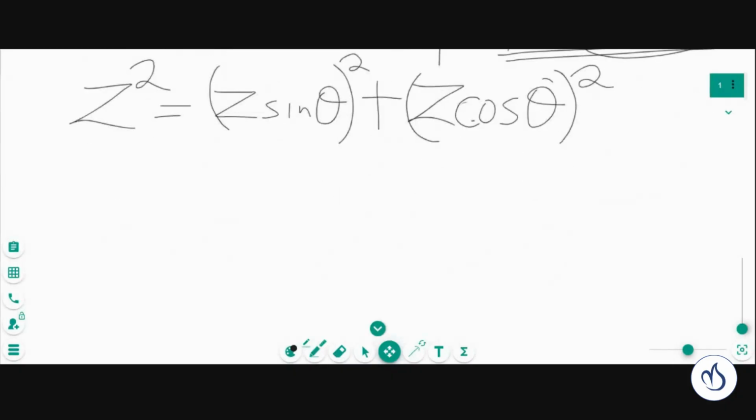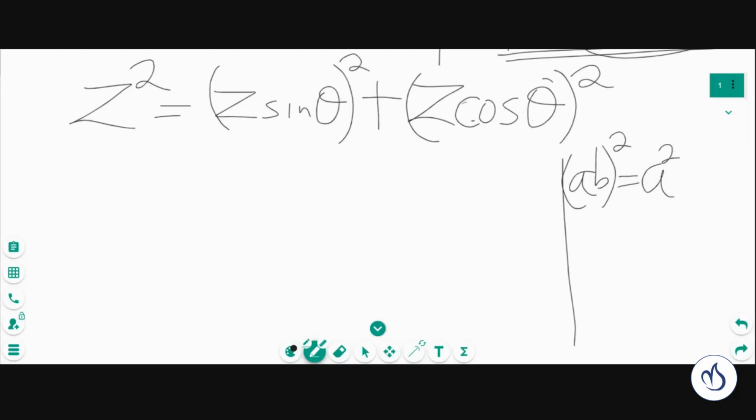So when I solve my identity, I'm going to make that square apply on each term. From the topic of indices, we know that when I have a b squared, this is the same as applying the square on each term, a squared times b squared.